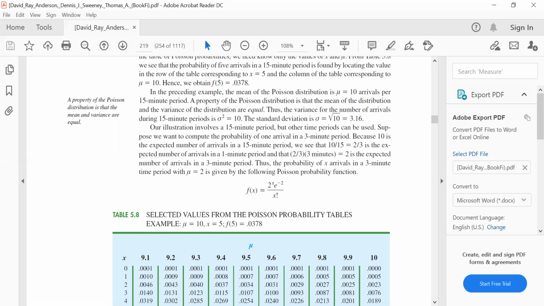Now, our illustration involves a 15-minute period, but other time periods can be used.